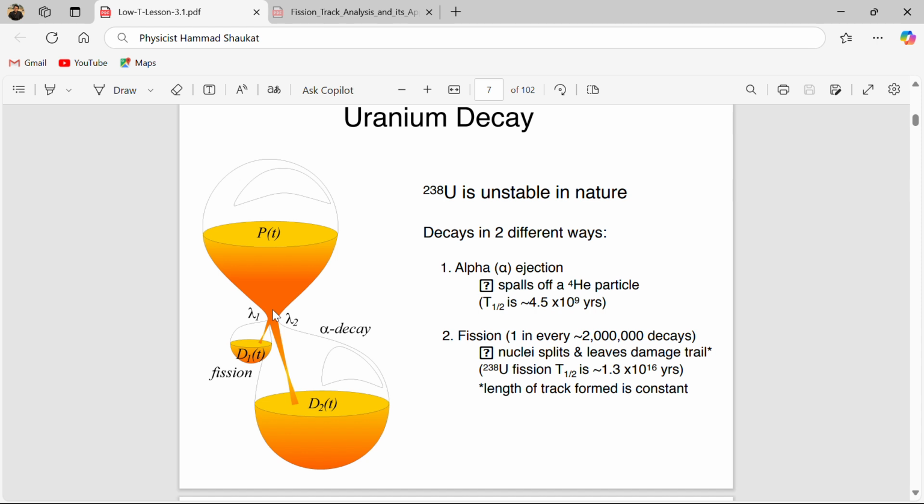Your nucleus splits and leaves damage trails, and for uranium 238 in this scenario the half-life is 1.3 × 10^16 years, which is more than the parent's half-life.